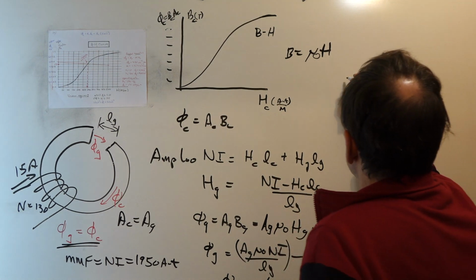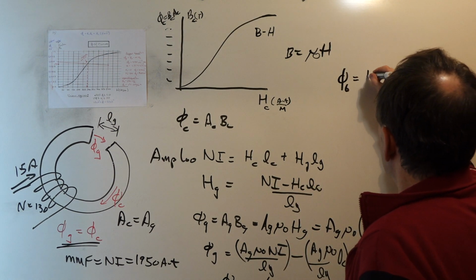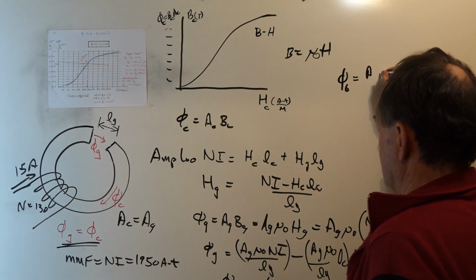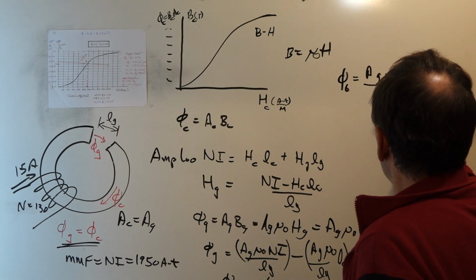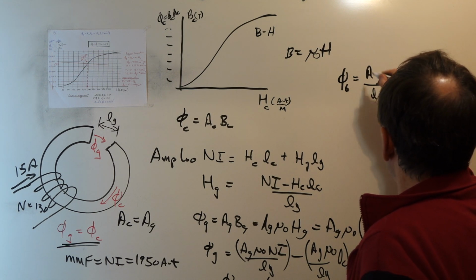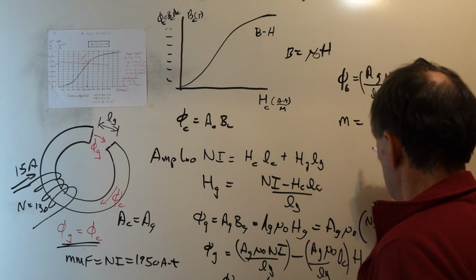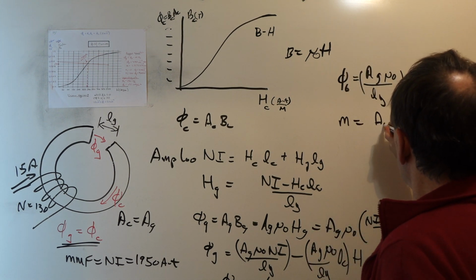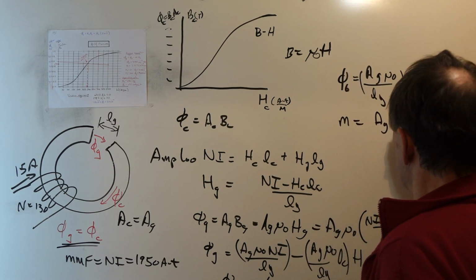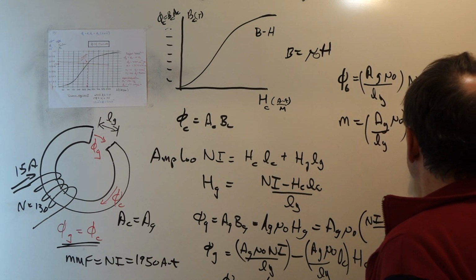Well, our phi zero, the offset, is Ag mu zero, area of the gap times mu zero divided by Lg, times the ampere turns, and our m is area of the gap times mu zero over Lg times LC.